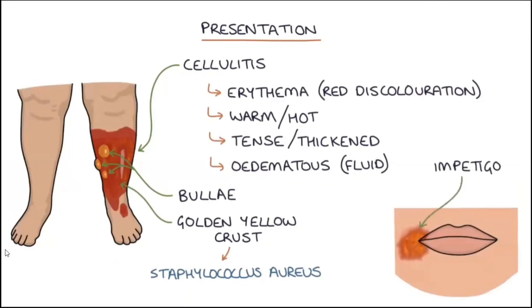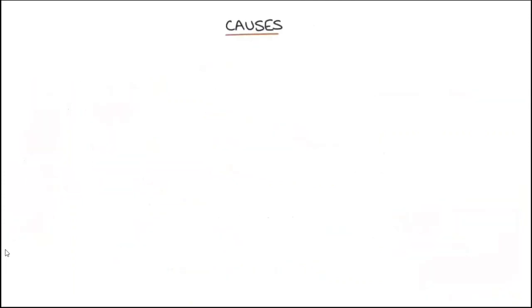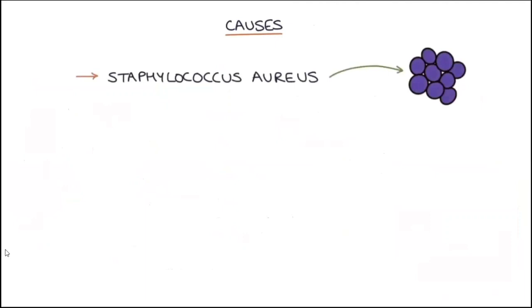Impetigo is where you get a skin infection around the mouth or around the chin, and this has that characteristic golden crust caused by a Staphylococcus infection. So that brings us on to the causes. The common causes of skin infections are Staphylococcus aureus, and this is probably the one to remember as it comes up the most frequently.